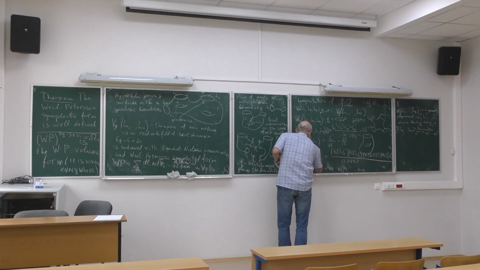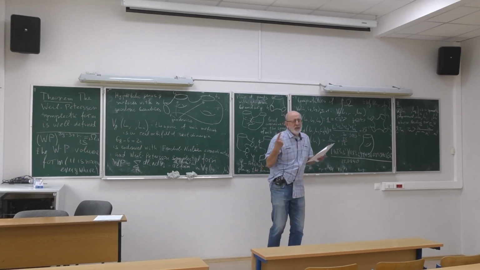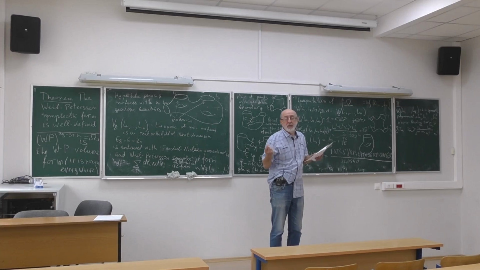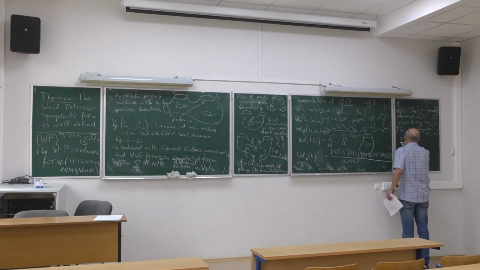It's like that. It's in genus 2. In genus 2, what do we have? If G equal to 2 and n equal to 1, then 3G minus 3 plus n is 3 plus 1, it is 4.